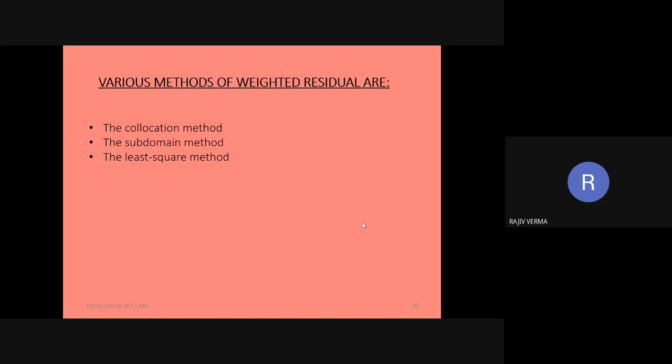Integration by parts obviously is a technique which you have already studied in your BTech classes, so we are going to revise integration by parts also. With its help, you are going to reduce the second order term to an equivalent first order term. And while this particular reduction is taking place, two new terms are going to be generated.